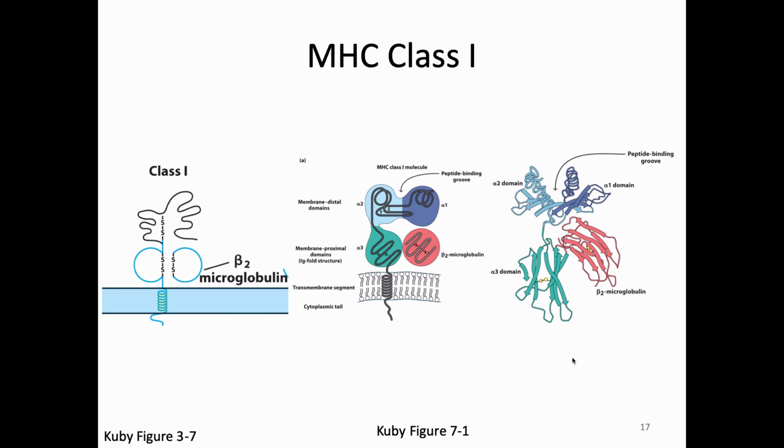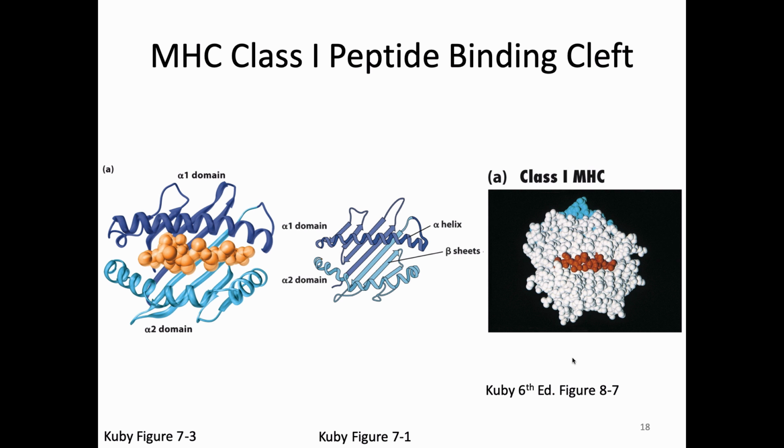If we were to now change our view, so right now we're looking at the side of MHC Class I, but if we were to change and now look down at MHC Class I, as if we were the T cell, it would look like this.